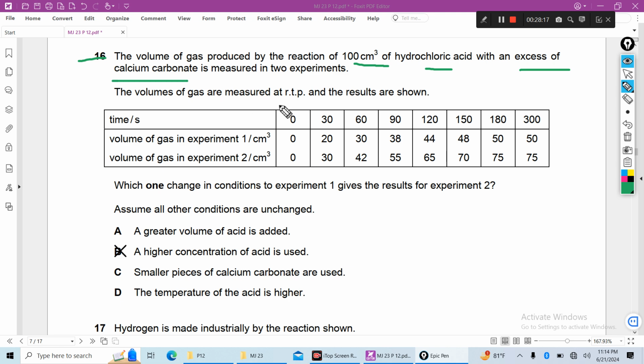The volumes of gases are measured at RTP, room temperature and pressure, and the results are shown. Time, volume of gas in experiment 1, in experiment 2.